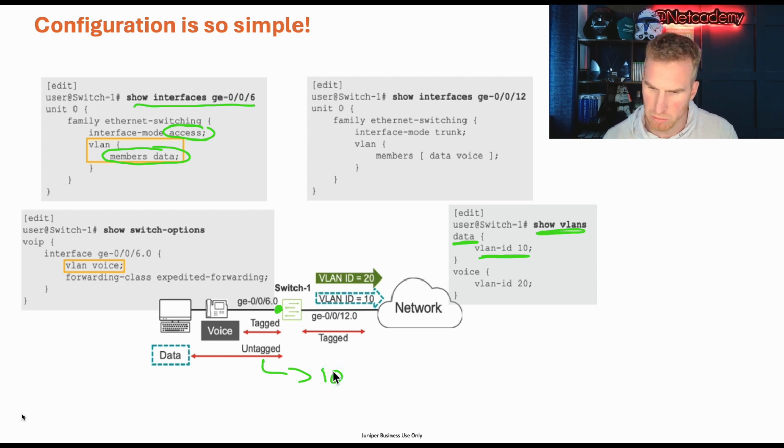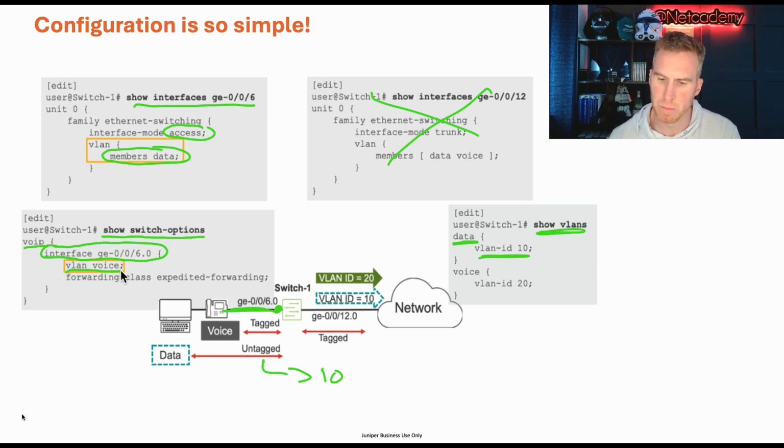But just ignore the ge-0/0/12, that's for the uplink. You can then see the show switch-options. Under the switch options, you define that VoIP profile. You need to say what is the interface I'm going to be receiving that VoIP traffic, so that's the ge-0/0/6 interface, and what is the VLAN I want to be associated to this VoIP traffic.